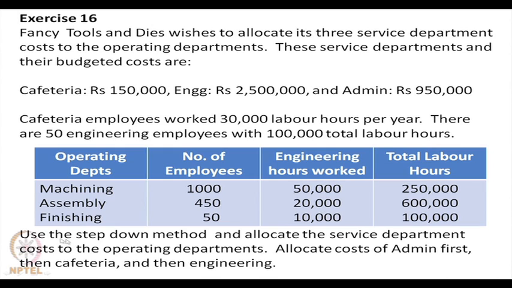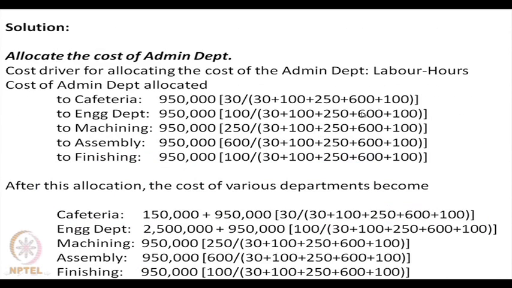Now, here it is asking us to use the step down method to allocate the service department costs to the operating departments, and it is said allocate costs of administrative department first, then cafeteria, and finally the engineering department. Now, we start allocating the cost of the administrative department.